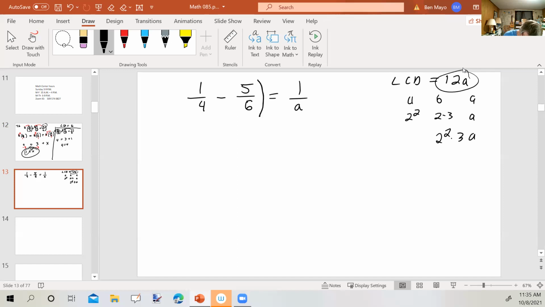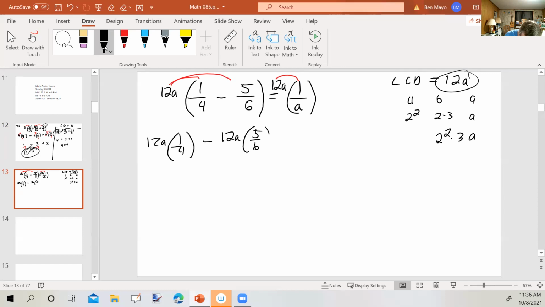So now we're going to multiply both sides of the equation by 12a. We're going to distribute 12a times a quarter, 12a times minus 5/6, and on the right side, 12a times 1 over a. So I get 12a times a quarter minus 12a times 5/6 equals 12a times 1 over a.